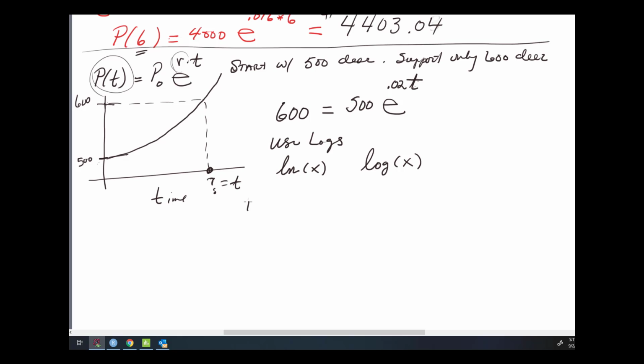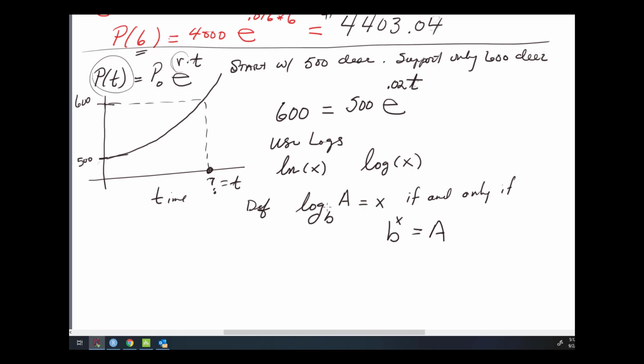And logarithms have bases. So the definition of the logarithm is that the log base b of a number a is equal to x if and only if the base b to the x is equal to a.